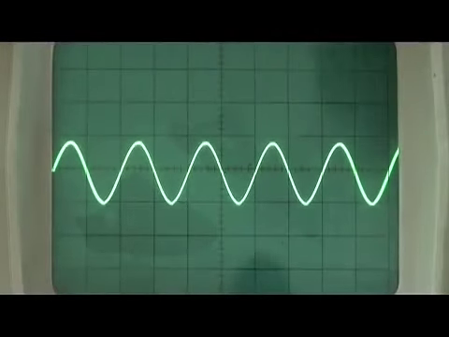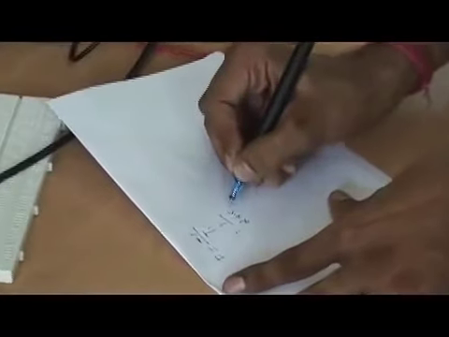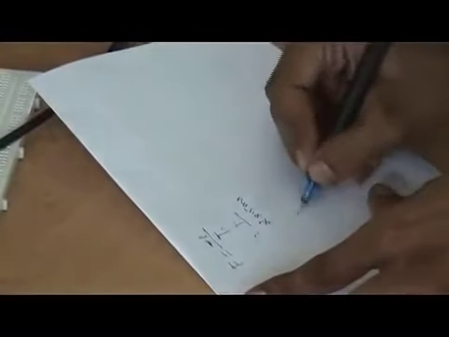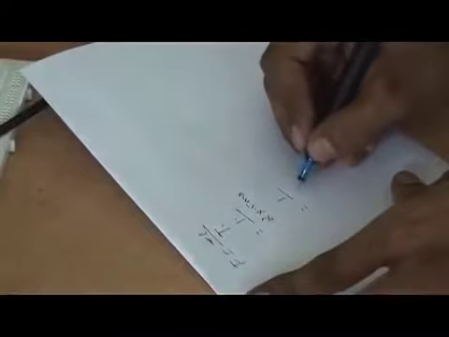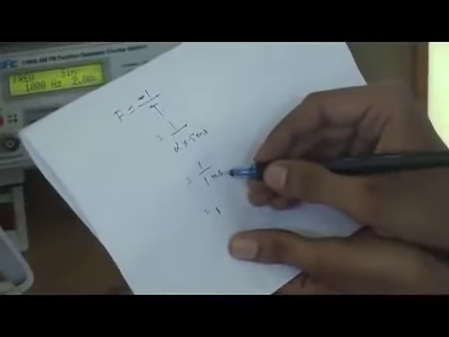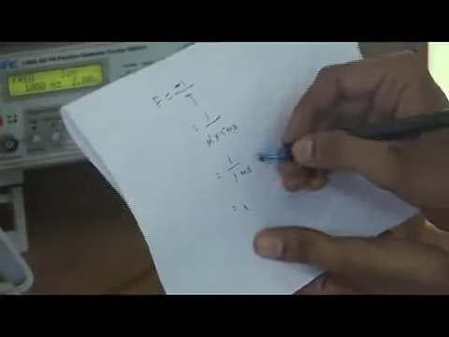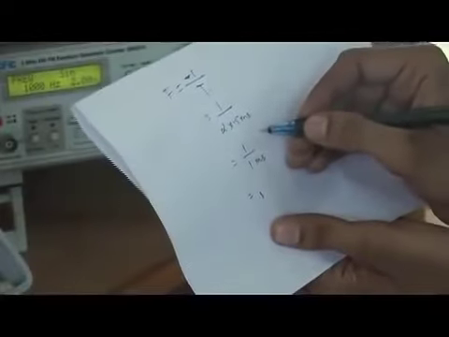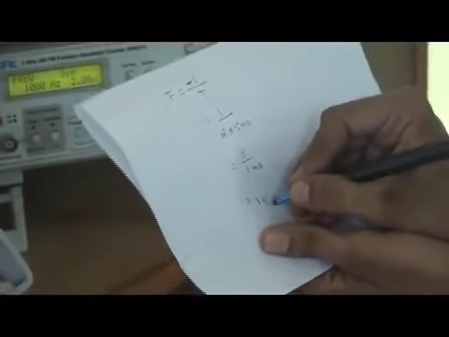So 1 by 2 into 0.5 milliseconds is equal to 1 by 1 millisecond, which is equal to 1. If this millisecond goes up, 10 to the power minus 3 becomes 10 to the power 3. So 1 into 10 to the power 3.